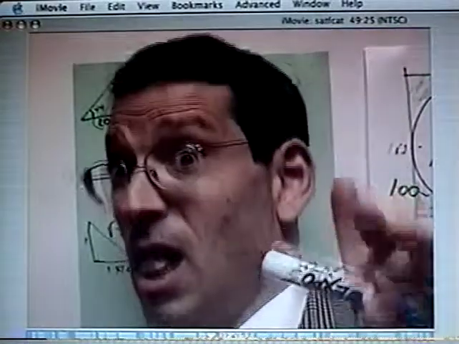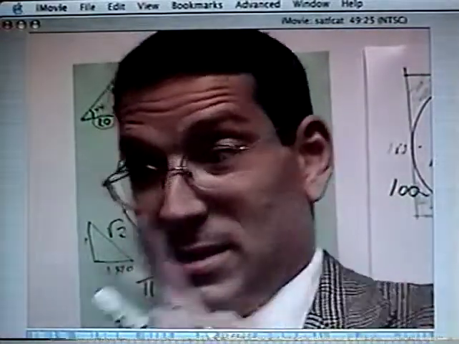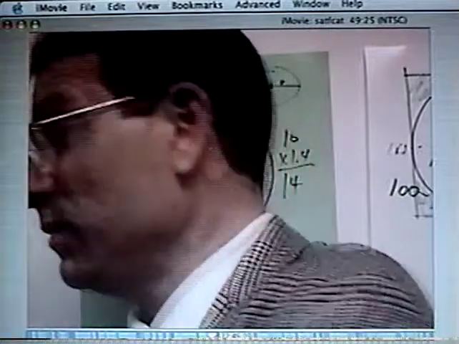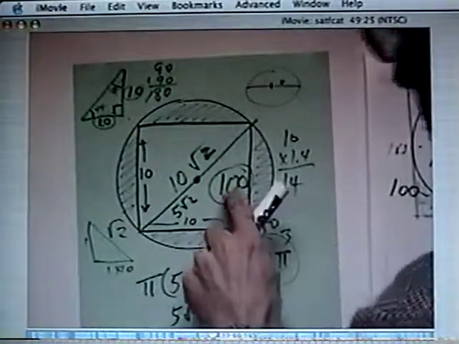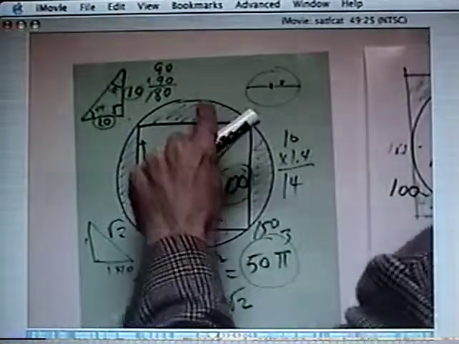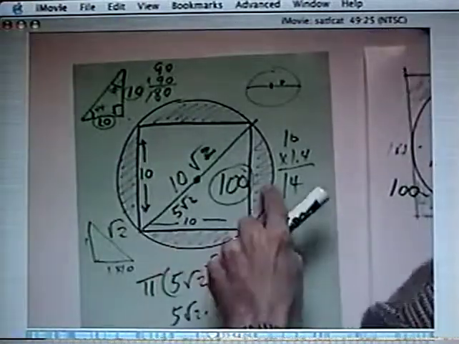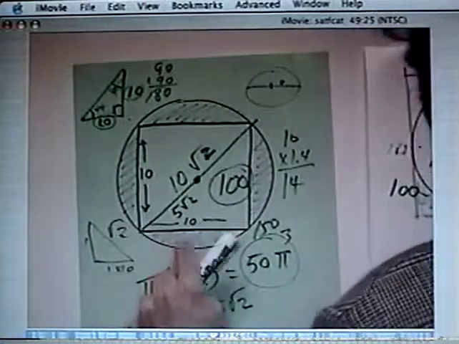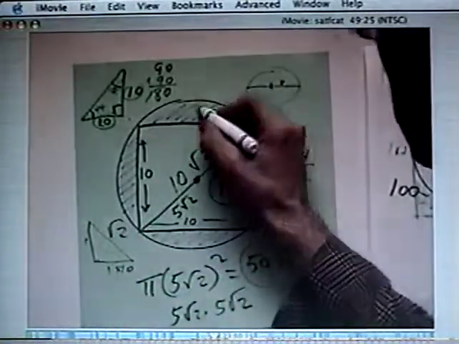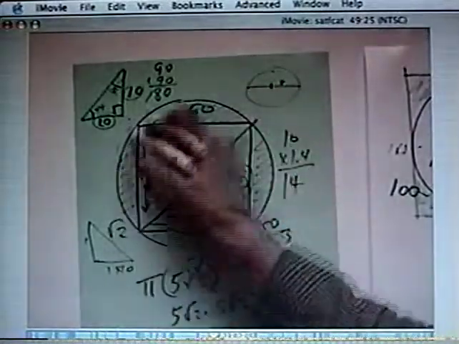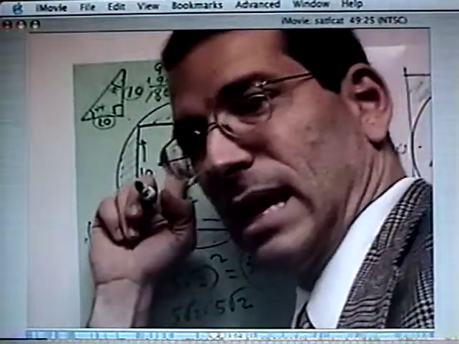So we take pi times 50. That's about 150. This is about 150. This is 100. So we know that the portions on the outside add up to about 50 altogether. So that would be the answer.